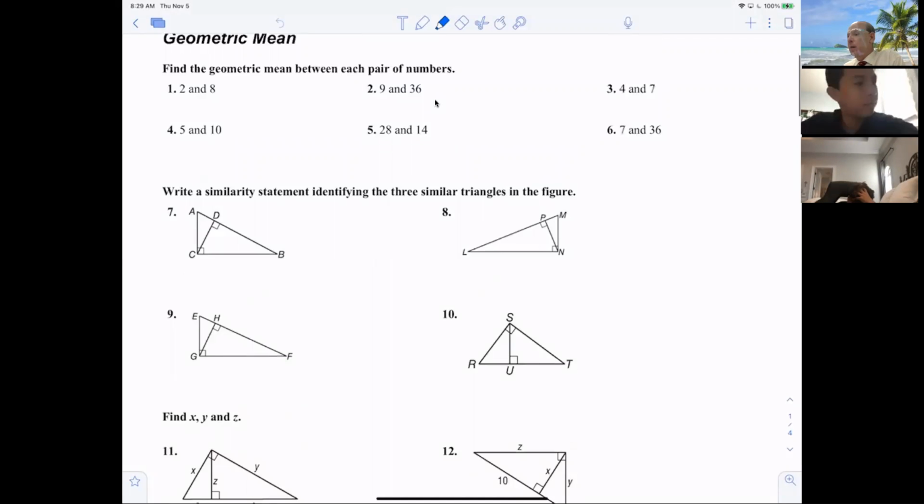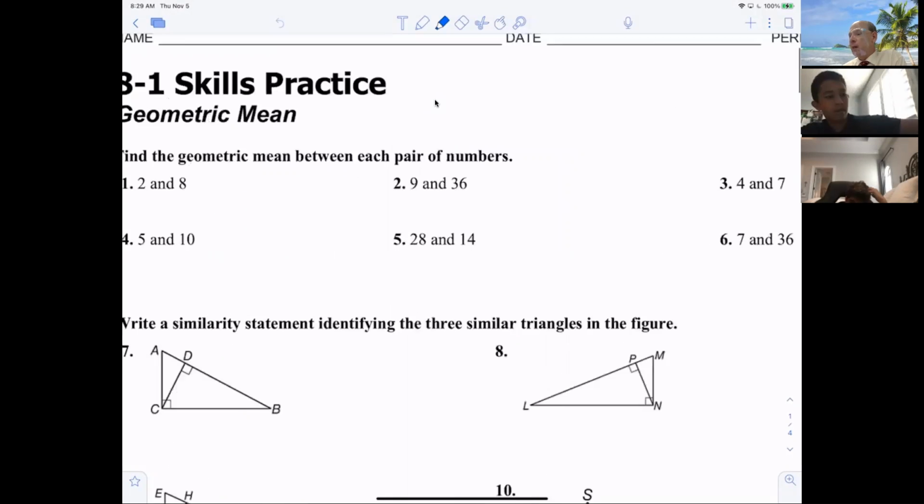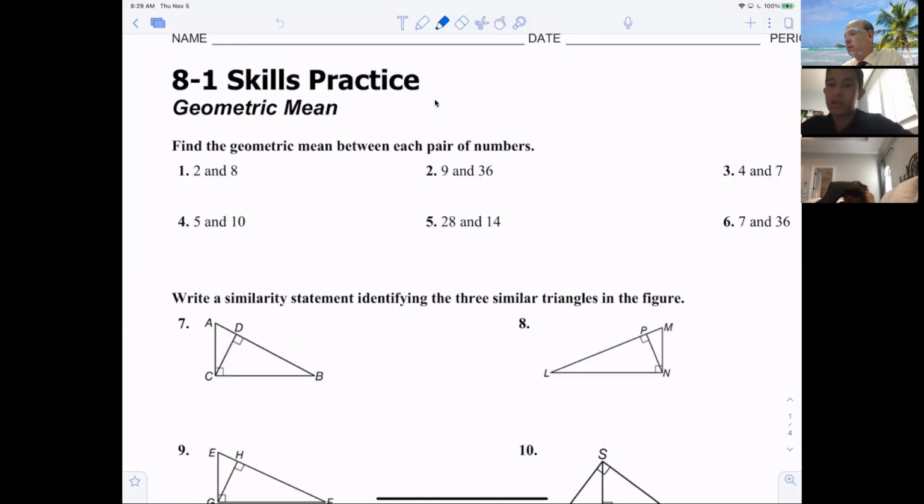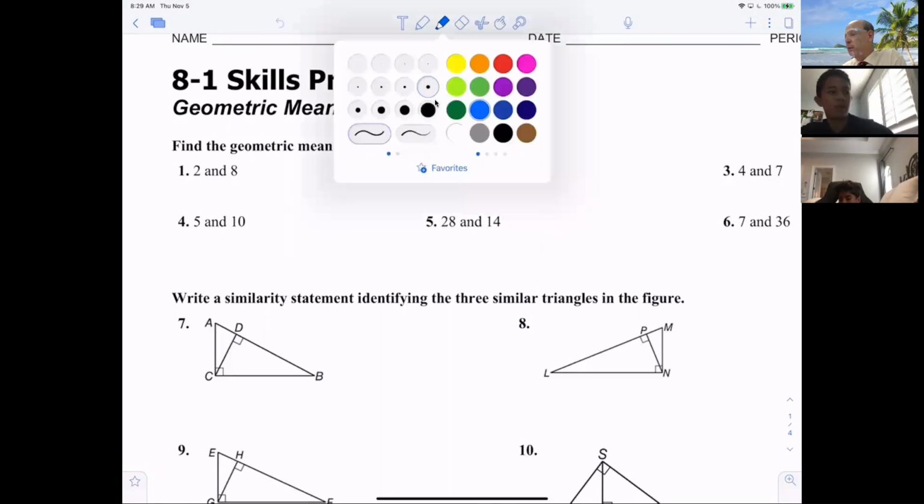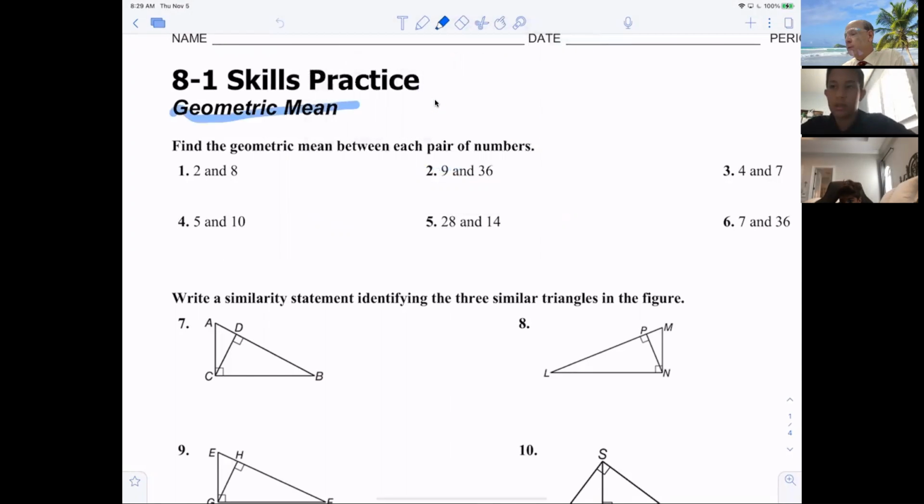So again, to be perfectly honest, I really don't have any use for what's called the geometric mean. I'm not even real sure why they call it the geometric mean, honestly. I always just use proportions.